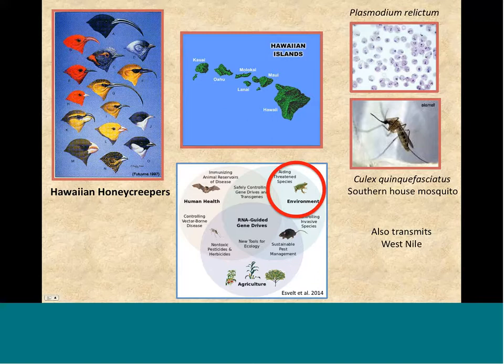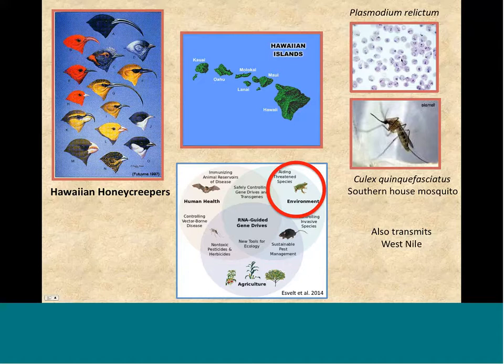They evolved on an island where there weren't mosquitoes and there wasn't bird malaria, whereas on the mainland there was bird malaria, and species from mainlands typically have resistance that's evolved to this malaria. About 100 years ago, the mosquito Culex quinquefasciatus arrived in Hawaii, and not long after that, bird malaria arrived.